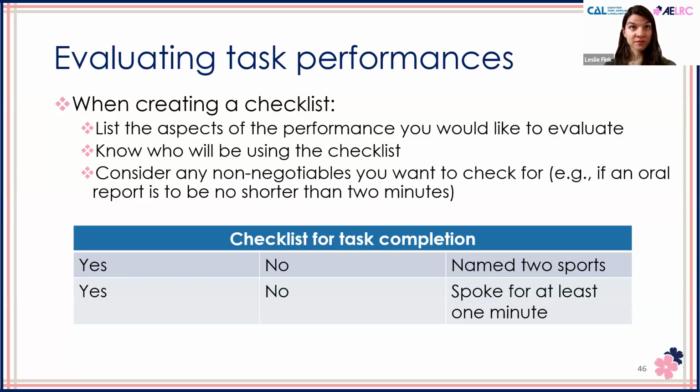Checklists also tend to be useful for keeping track of non-negotiables in assessment, such as sticking to a time limit, or as we see in our example here, naming 2 sports in this particular activity. So as you can see in this example, there are 2 categories, yes or no, for each of the criteria.